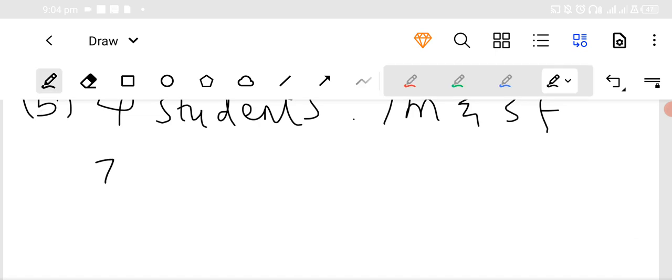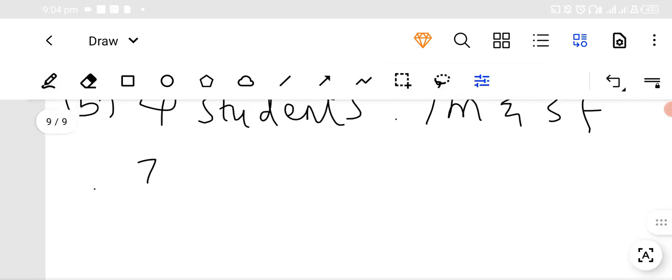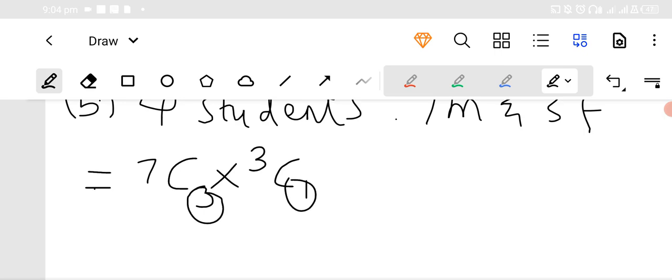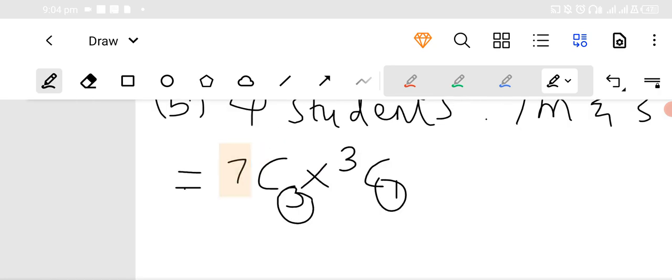It would be equal to 7 combination 3 males multiplied by the number of females, 3 combination 1. You choose 1, so the total down here should give you 4, 3 plus 1. I hope you just take note of that.